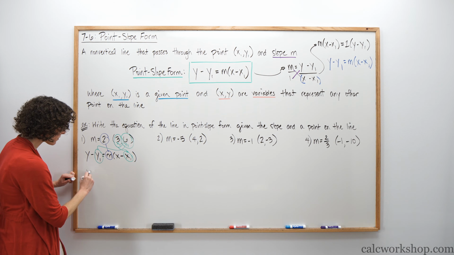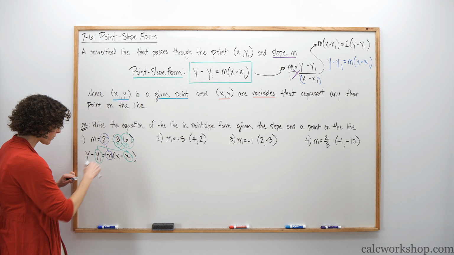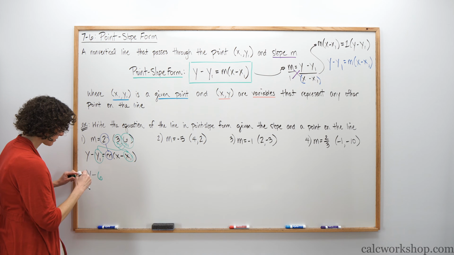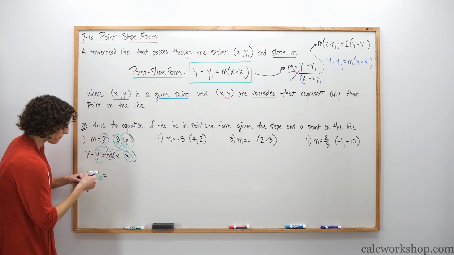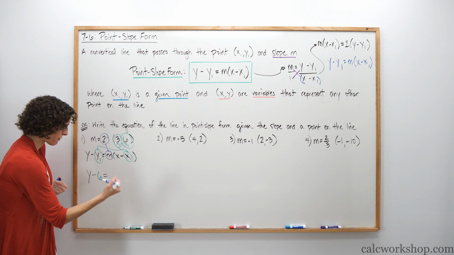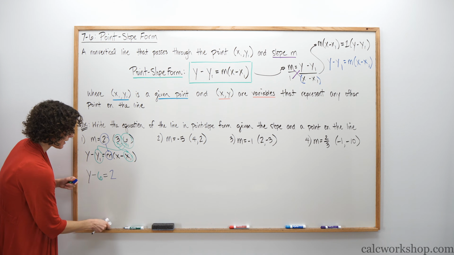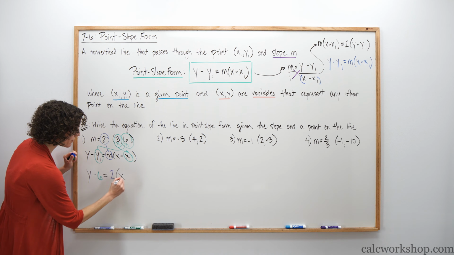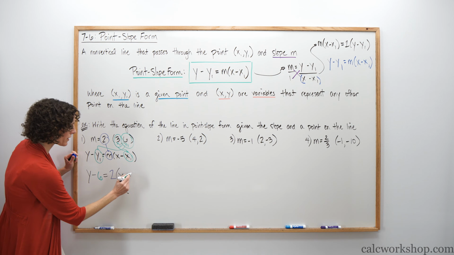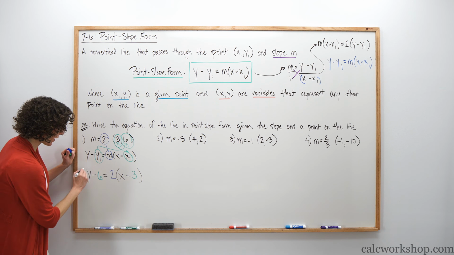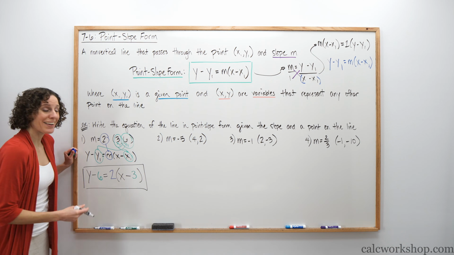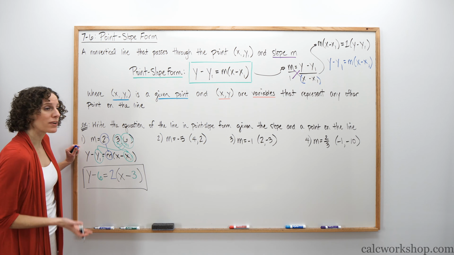So what we have is y minus y1, which is 6, equals m, which is 2, times the quantity x minus x1, which is 3. And this is the equation of the line in point-slope form. We wrote it. We found it.